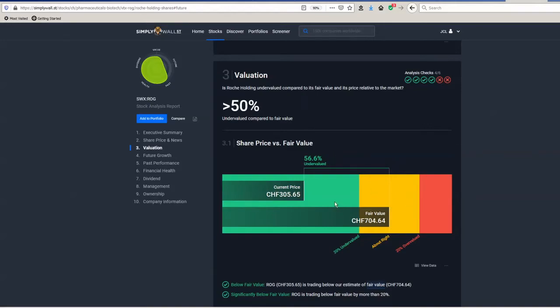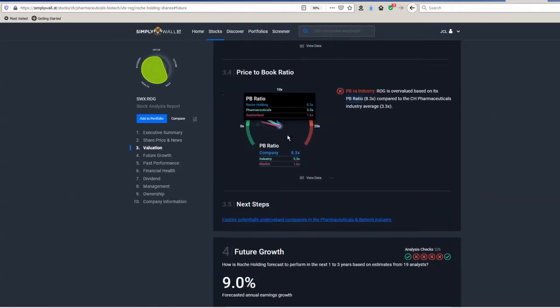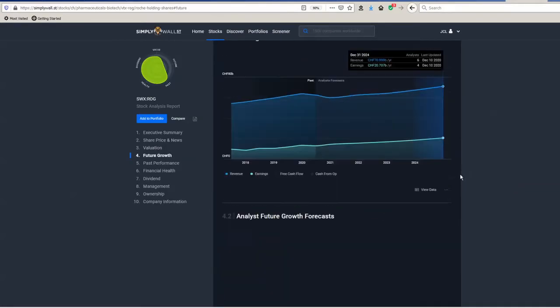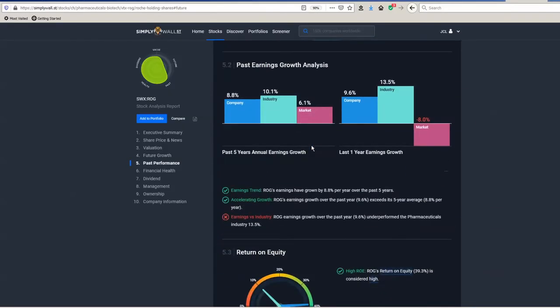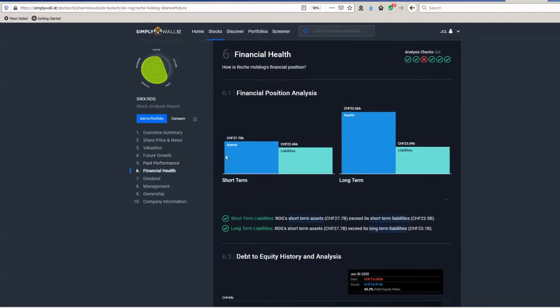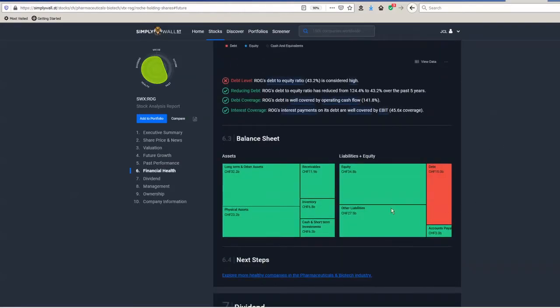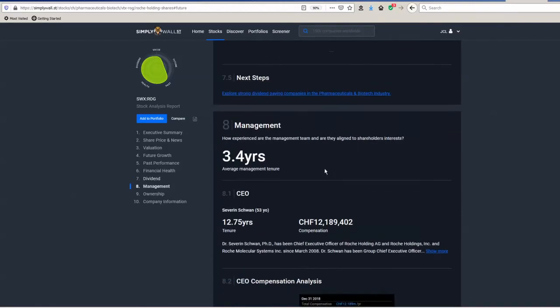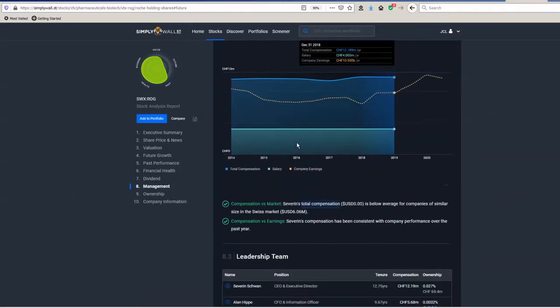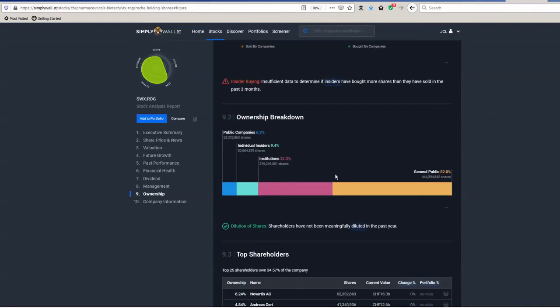So that's quite cool. You've got your key ratios like PE ratio, price to book, growth in a graphical format. You've got return on equity. You've also got your kind of balance sheet, debt to equity. Balance sheet in nice coloured blobs, so they're easy to read. Payout ratio, bit of analysis on the management, and then your insider trading and who owns the stock.